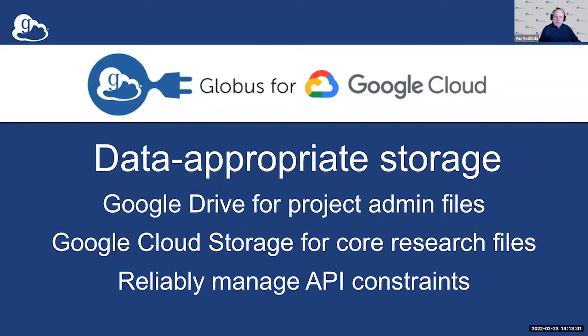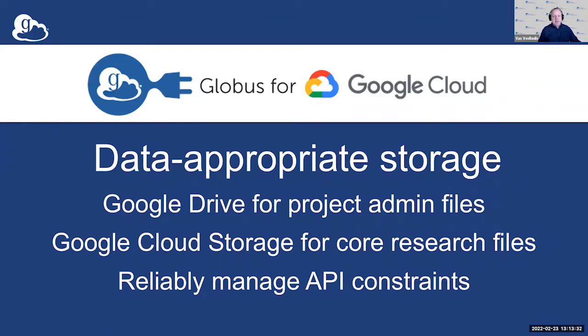And one of the many parts of the value proposition is that using Globus to facilitate this type of migration is actually really helpful, because it helps manage or work through the API constraints that almost all of the cloud vendors have in place. So there are things like API rate limits and daily data volume movement limits.